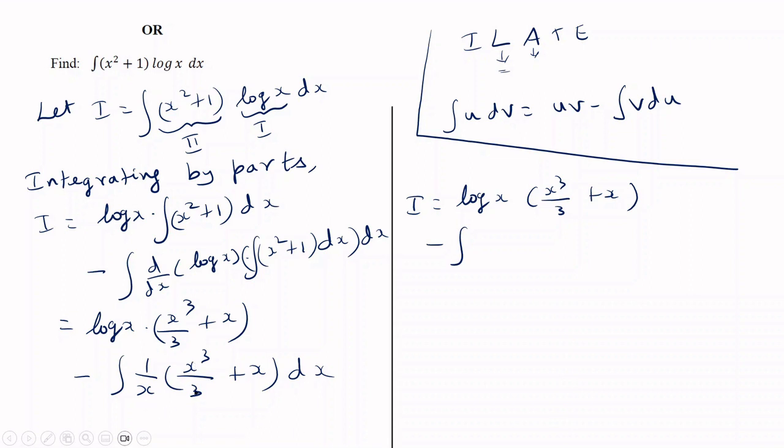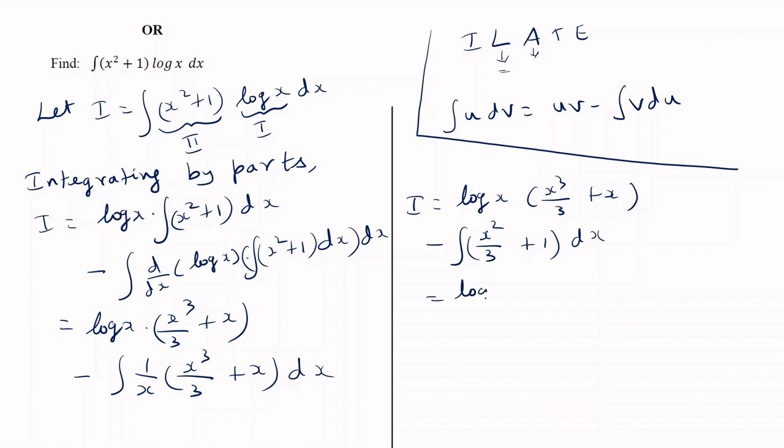Here we can divide each term by x. So x cube by x becomes x square by 3, plus x by x becomes 1, plus 1 dx.